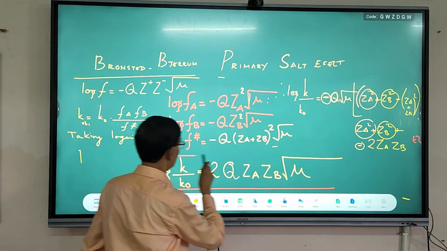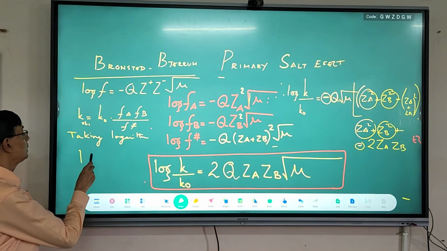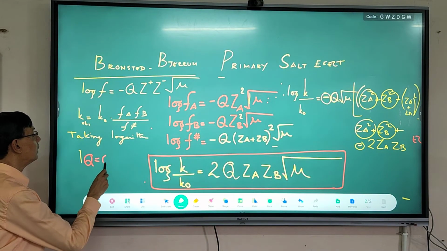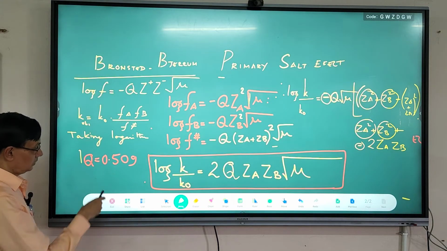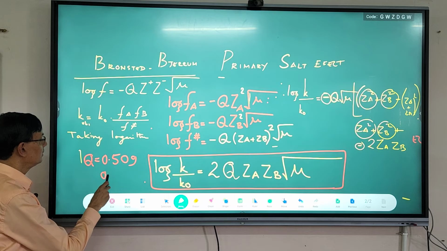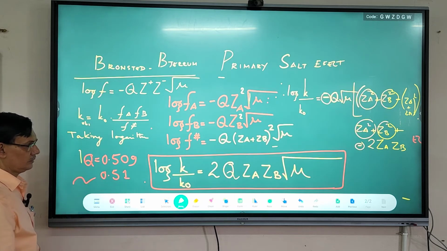This is called the Bronsted-Bjerrum equation, and Q is equal to 0.509, or approximately 0.51.